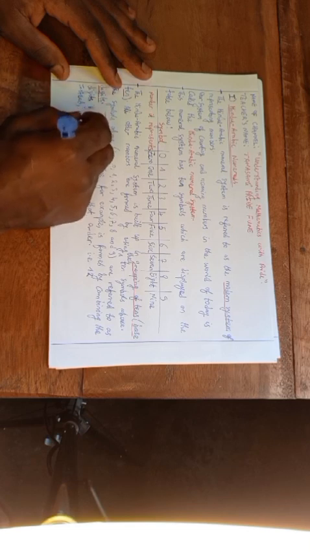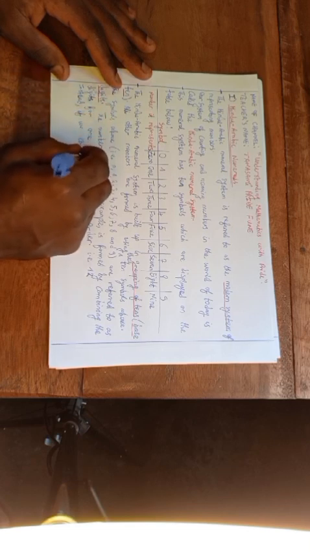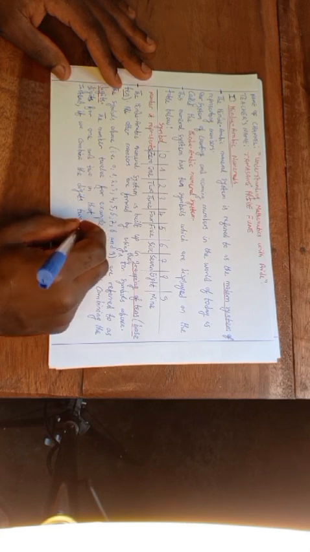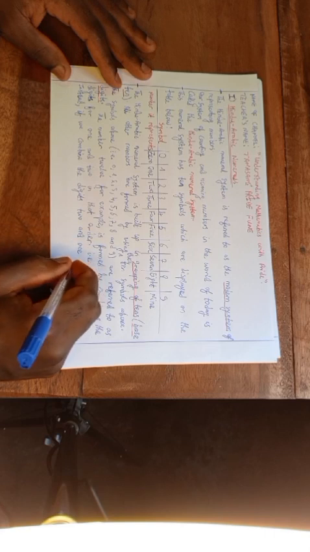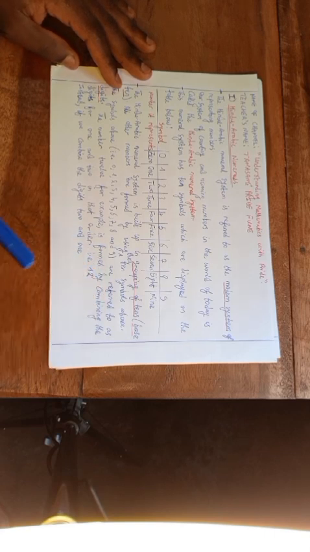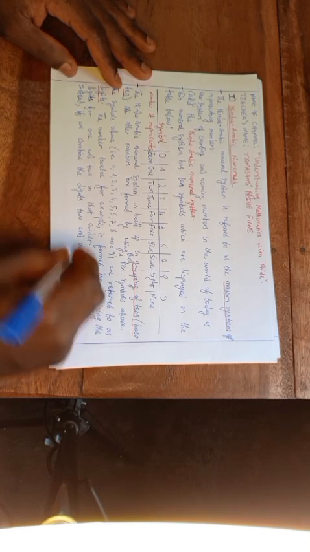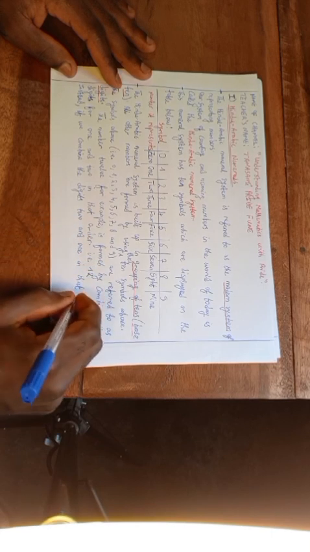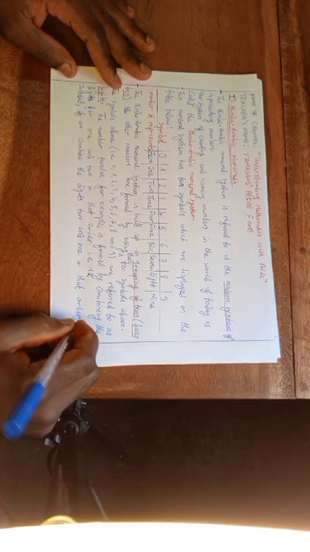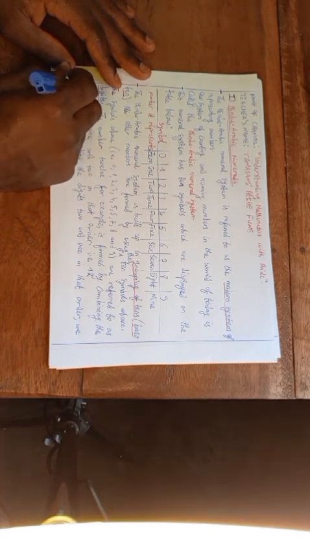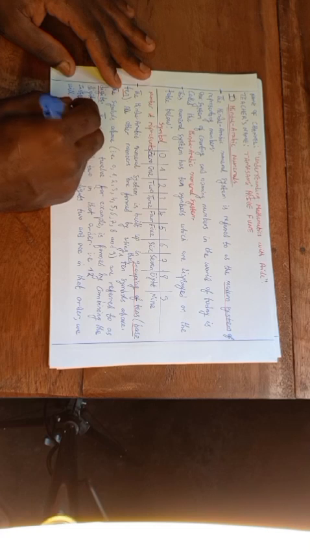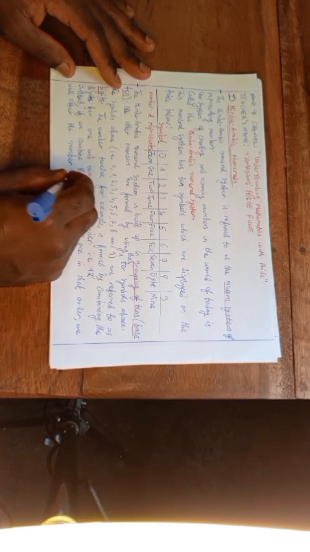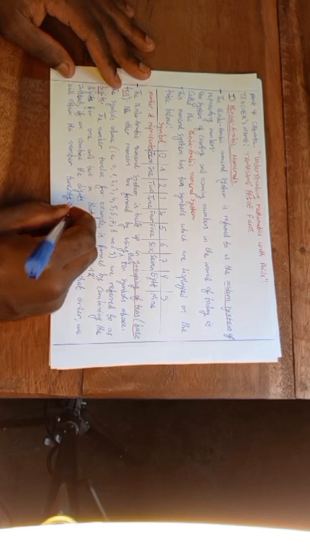Instead, if we combine the digits 2 and 1 in that order, that means the digit 2 comes first before the digit 1, we will obtain the number 21.